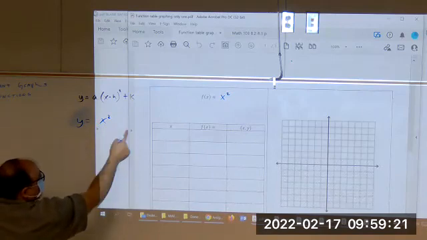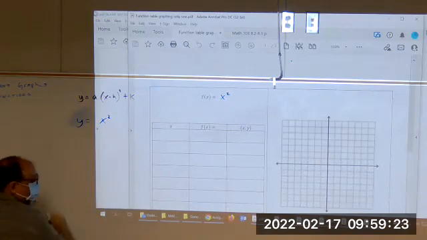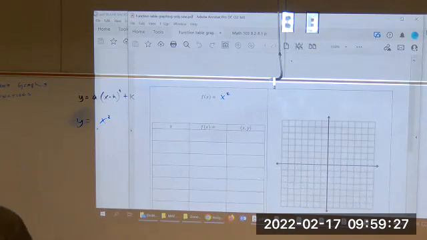But right here in this parent function, there is an a, there's an h, and there's a k. No matter what, there's always going to be an a, h, and a k. Always. Let me show you.